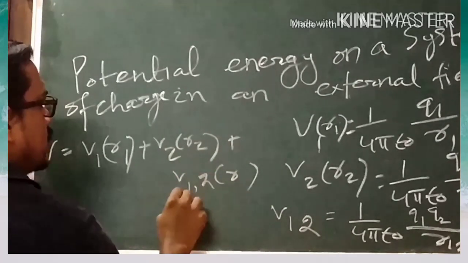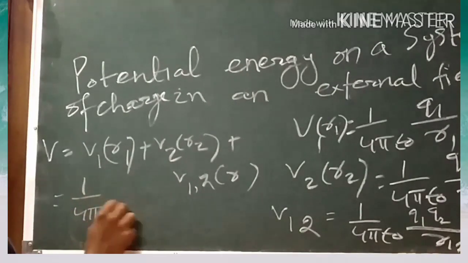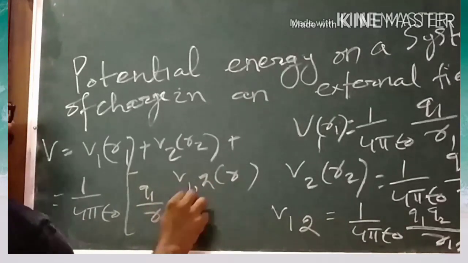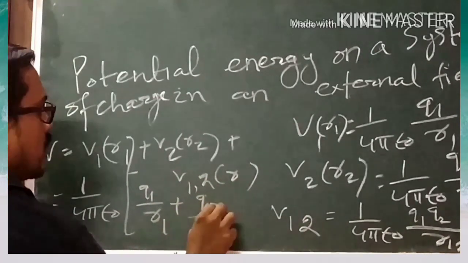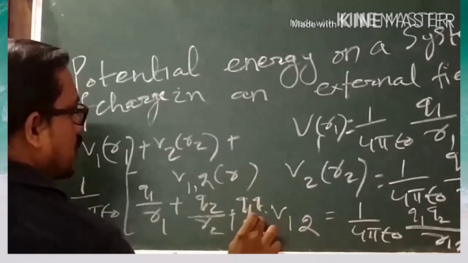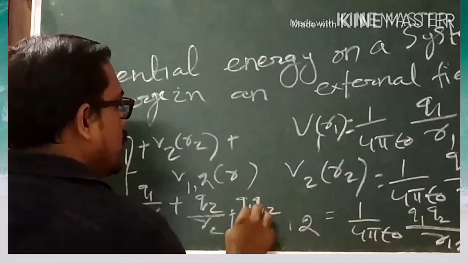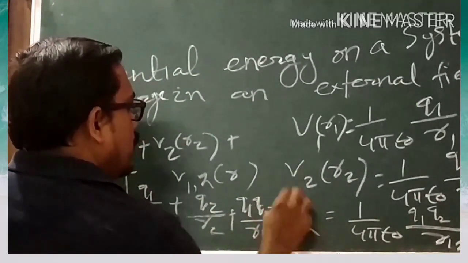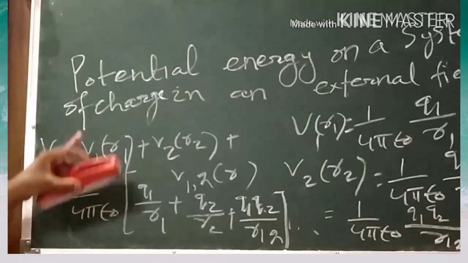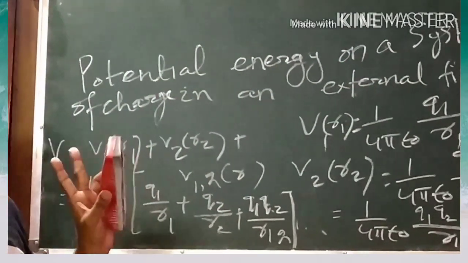Taking 1 by 4 pi epsilon 0 common, this is Q1 by R1 plus Q2 by R2 plus Q1 Q2 by R12. This is the final answer for the potential energy of a system of charges, where we are considering only two charges.